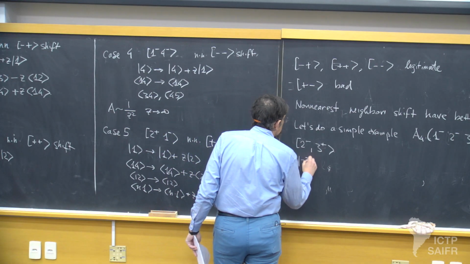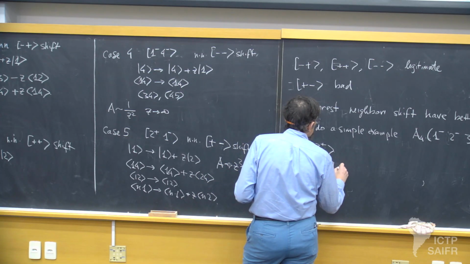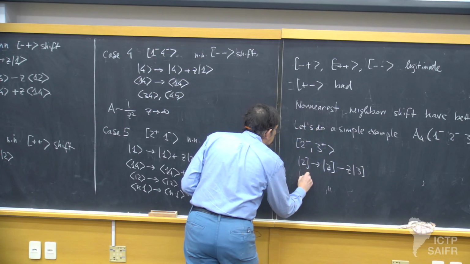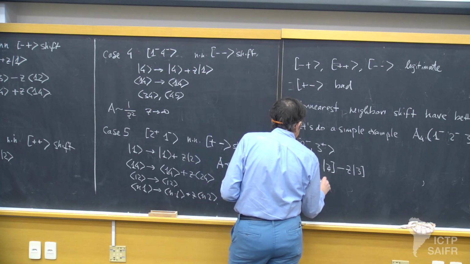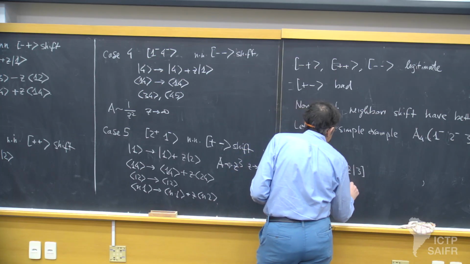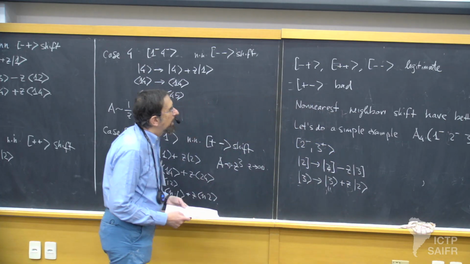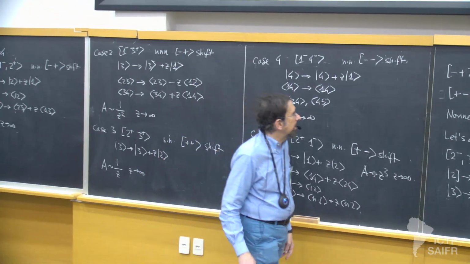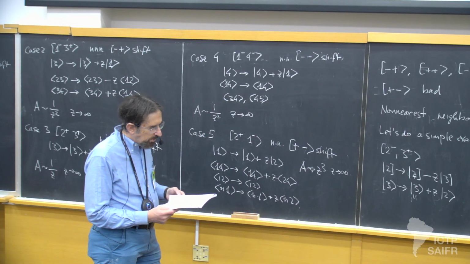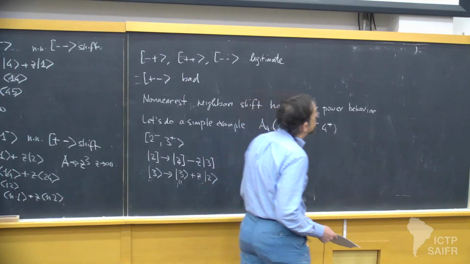So we're going to shift the bracket spinner 2 by something that is proportional to the bracket spinner 3. And we're going to shift the angle spinner 3 by something that is proportional to the angle spinner 2. And all the other spinners are going to be unchanged, and that includes the angle 2 and the bracket 3. So some of the hats that show up in the diagram might actually mean doing nothing.